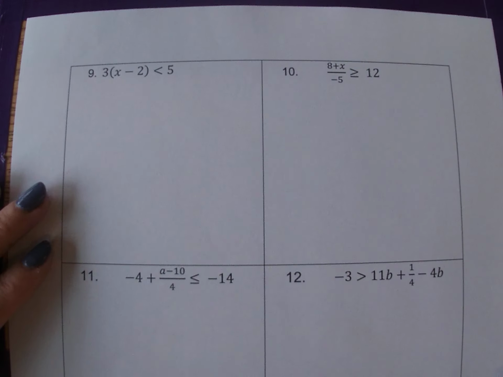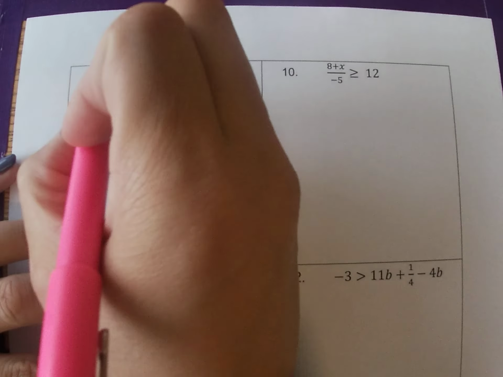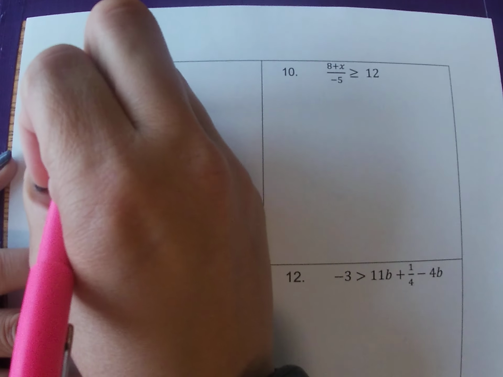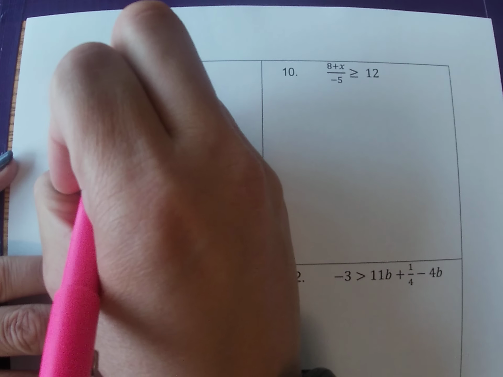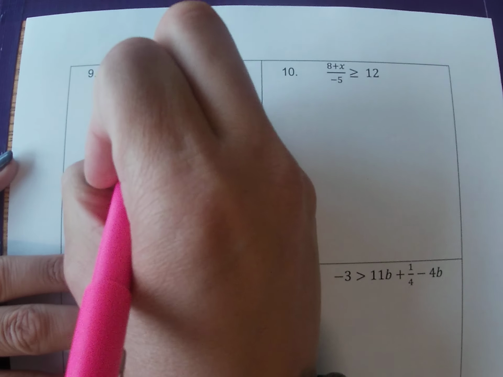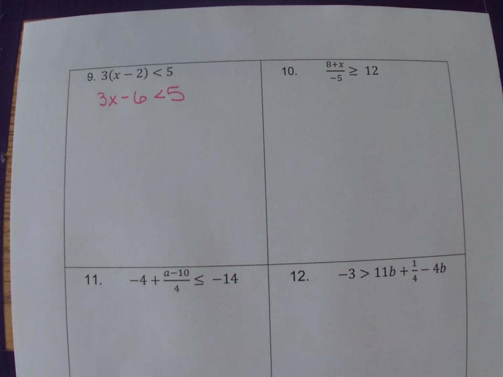So if we look at number 9, the first thing we're going to do is distribute. So I'm going to distribute this 3 all the way through. So 3 times x is 3x. 3 times -2 is a -6. Now, I did multiplication there, but distributing isn't a reason to flip the inequality sign, because distributing is just simplifying.